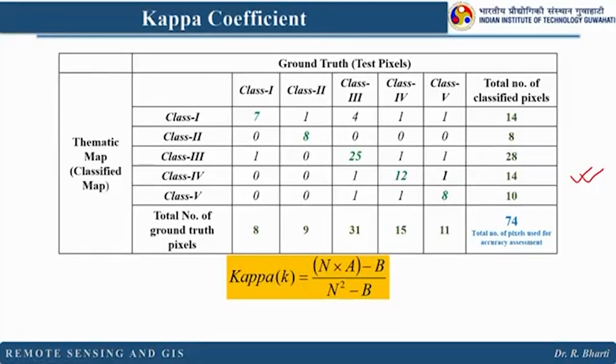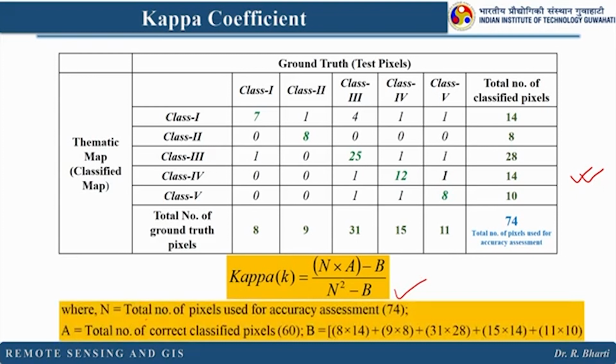So for kappa coefficient we use this expression, right, where n is the total number of pixels used for accuracy assessment, so that is 74, right, and a is the total number of correctly classified pixels, that is this diagonal, and that was 60, right, and b is basically the product of the total number of ground truth for that class and the total number of classified pixels for that class.